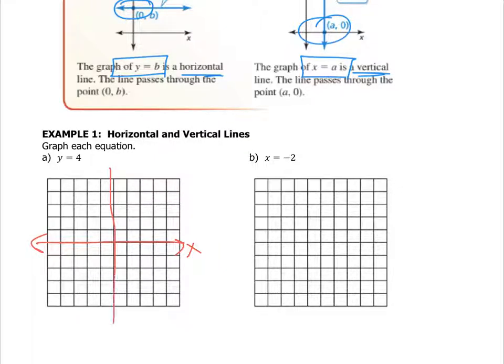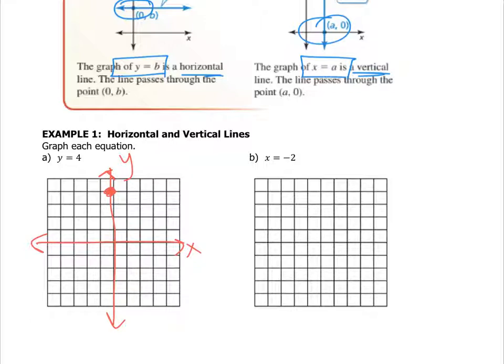And when we have to figure out what the line looks like, we go to the y-axis because it's a y equals line, and we're going to put a dot at the y value of 4. That's what the equation says, y equals 4. So we put a dot right there, right at 4.